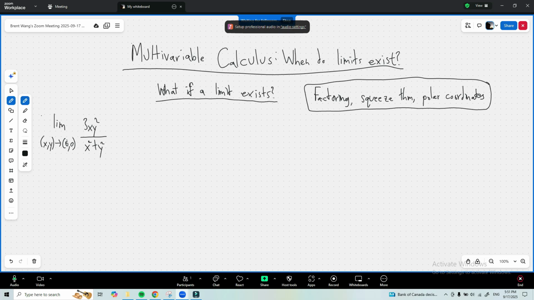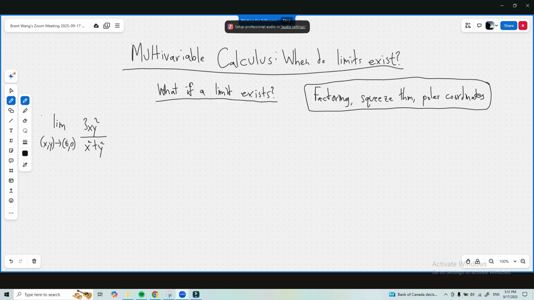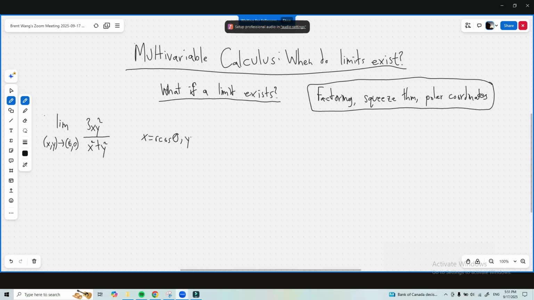If you want to use polar coordinates, it's super easy. All you have to do is say x equals r cos theta, and y is equal to r sine theta. x and y are both guaranteed to be 0 if r is equal to 0.